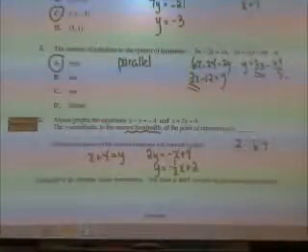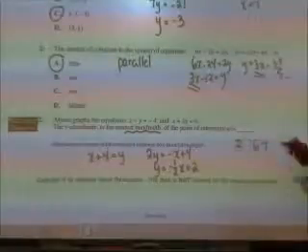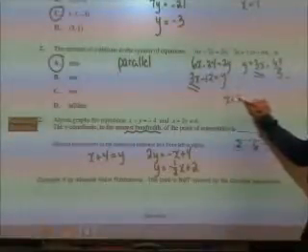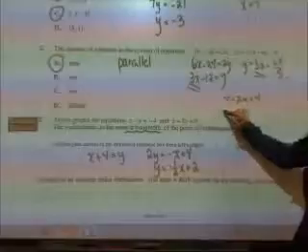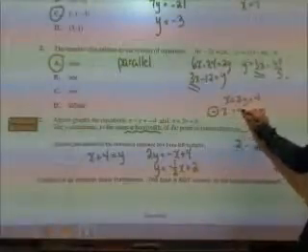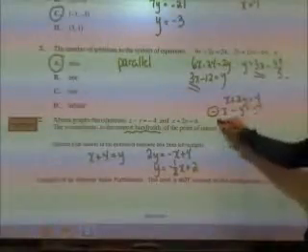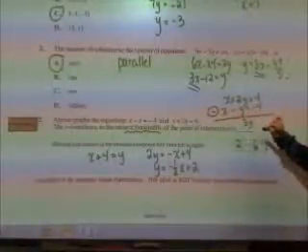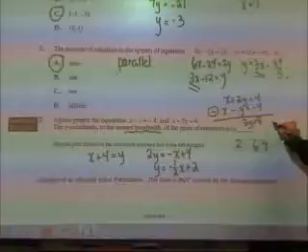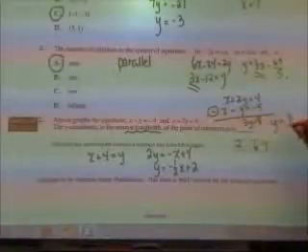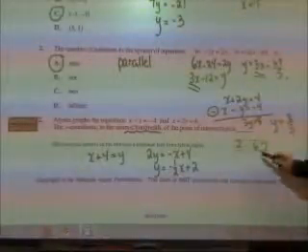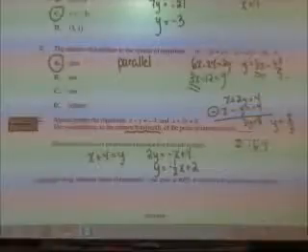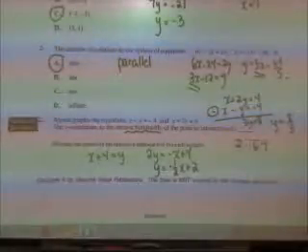I could also subtract the two equations. x plus 2y equals 4 minus x minus y equals negative 4, which would give me 3y equals 8. Divide by 3, and 8 divided by 3 is 2.6 repeating. So either method still would have worked.